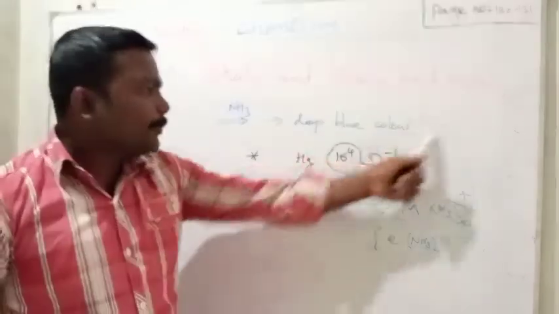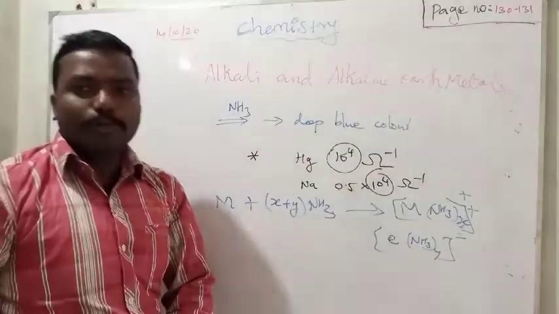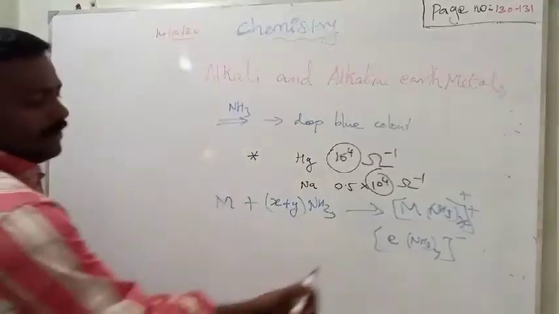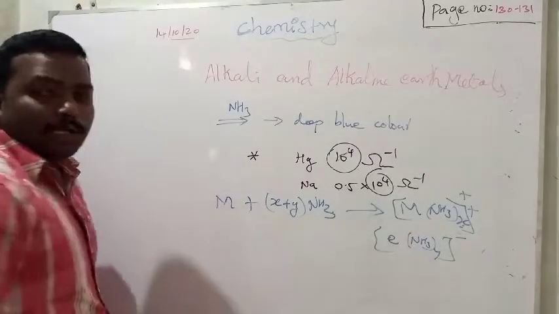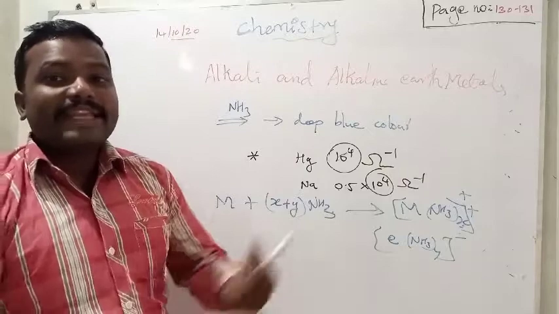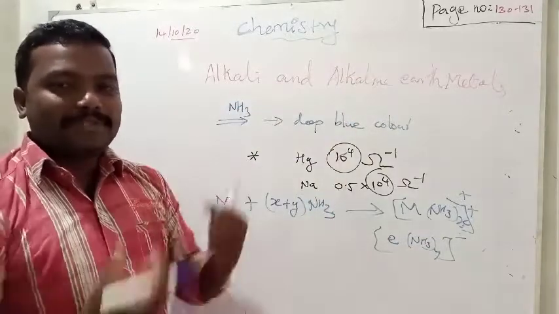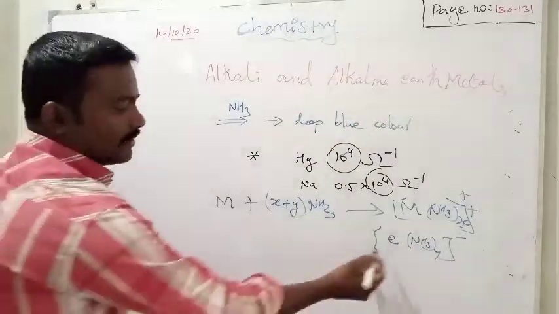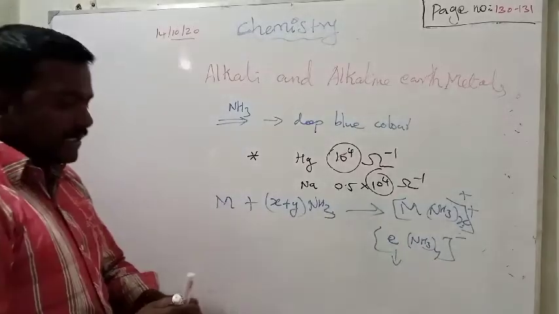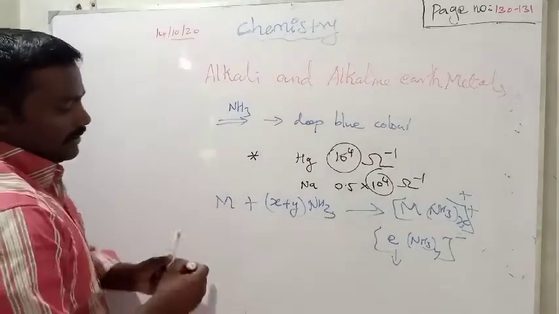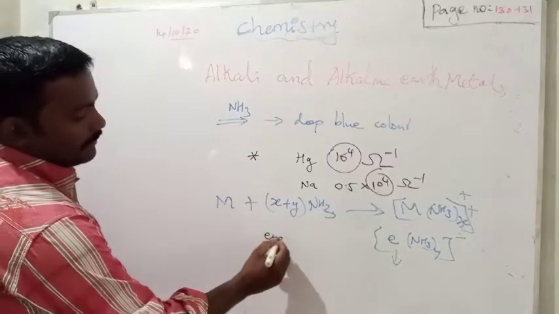Okay, why are they producing this deep blue color? See, when it forms as an electron in the solution, it will absorb some energy from the light. This free electron is absorbing energy from light.